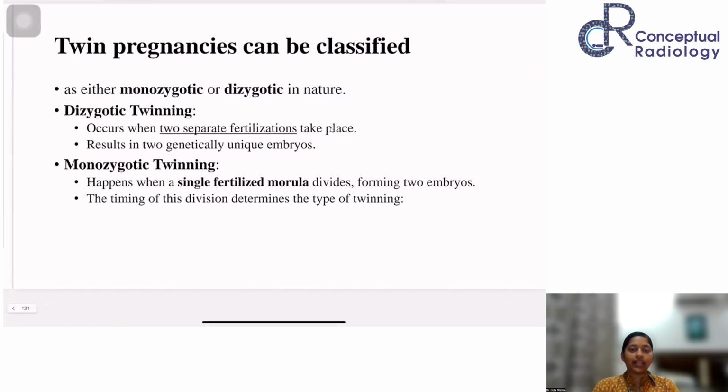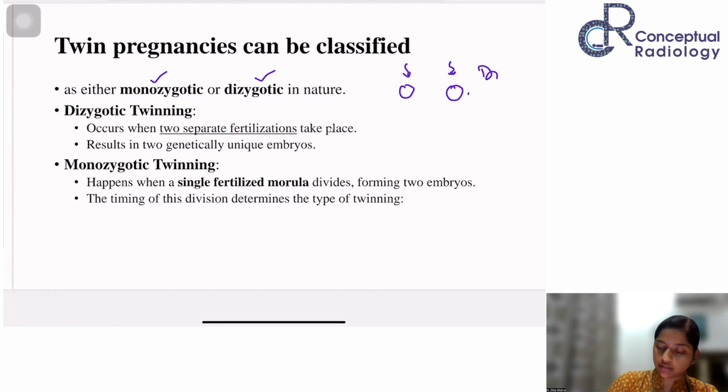Okay, so starting with very basics, twin pregnancy can be classified as monozygotic or dizygotic in nature. Dizygotic twinning occurs when two separate fertilizations happen. So this is dizygotic.